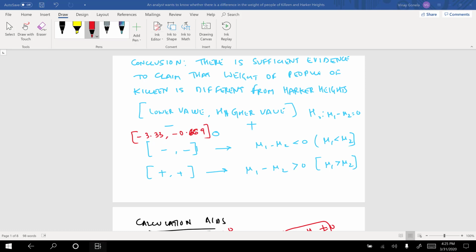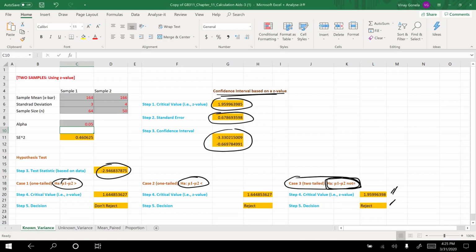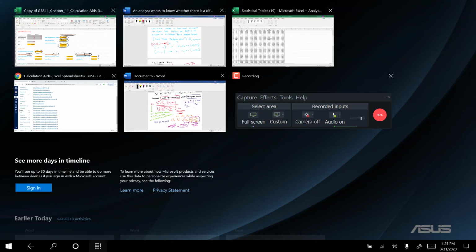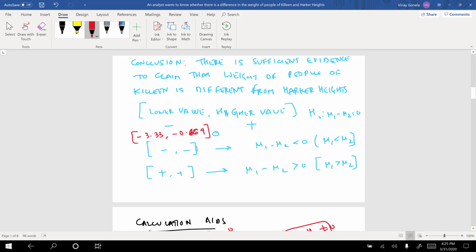So let me go and cross check. If you see here, when you collected your sample, the worst gap that happened was negative 3.33, and the best gap that happened was negative 0.669 between Killeen and Harker Heights population. That means mu1 is less than mu2.